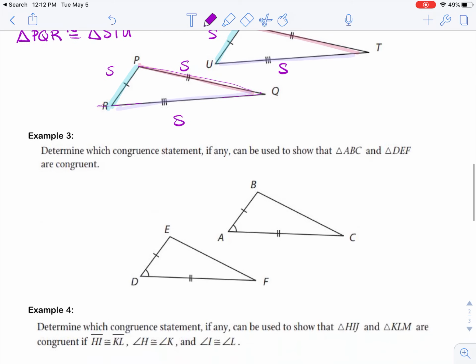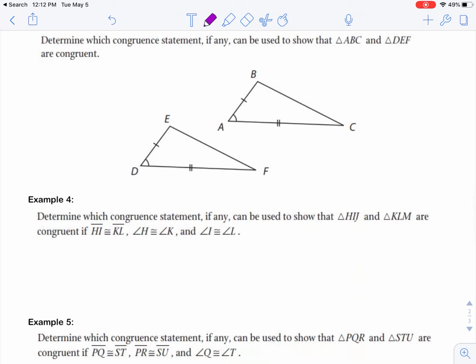Okay, so if I look at number 3, it says determine which congruent statement, if any, can be used to show that triangle ABC and DEF are congruent. So let's highlight what we have here. I have one set of congruent sides. I have another set of congruent sides.